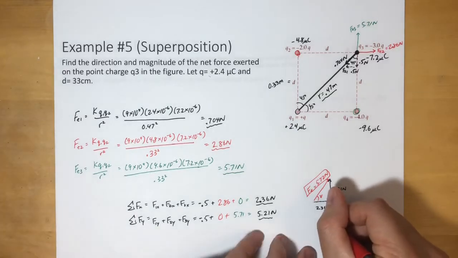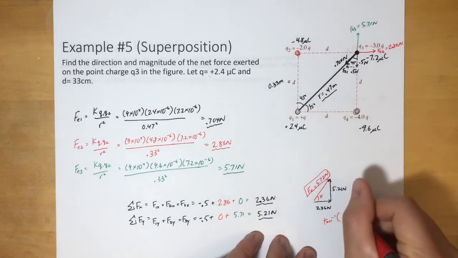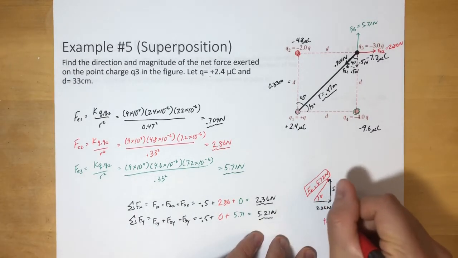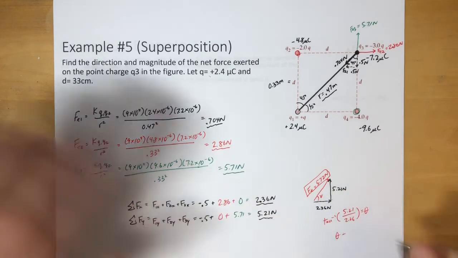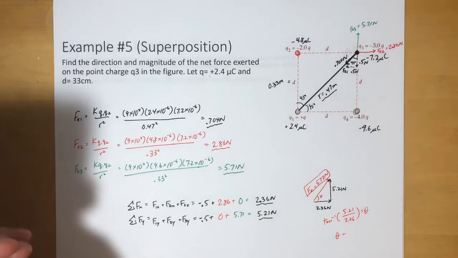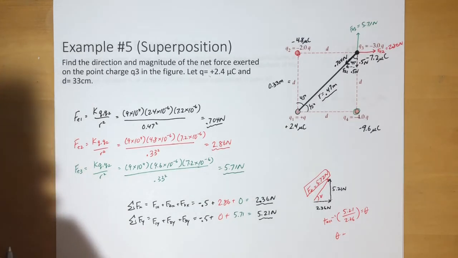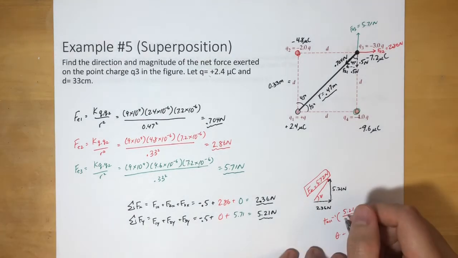And the angle, I'm going to do tan again. Opposite 5.21 over adjacent 2.36, 5.21 divided by 2.36, and we get 65.6 degrees.